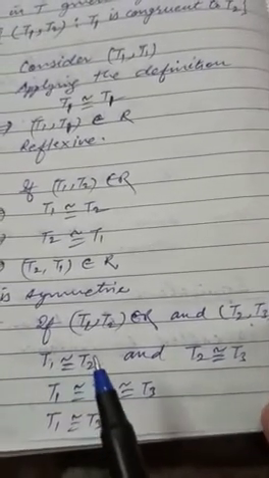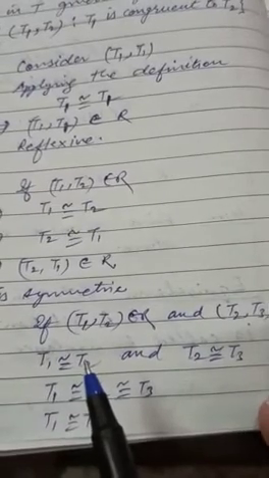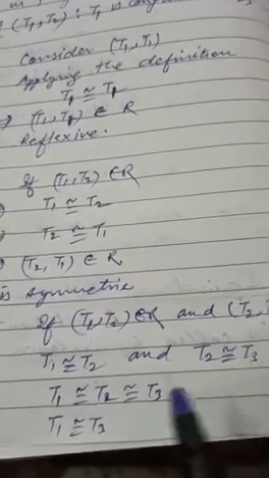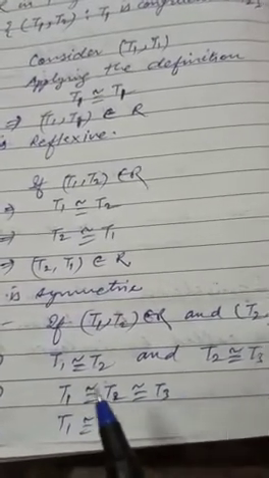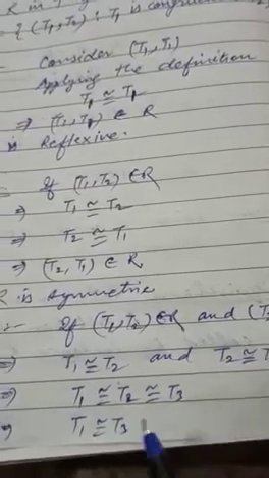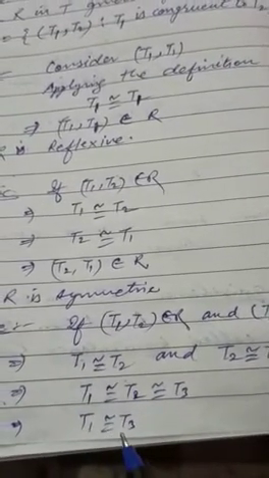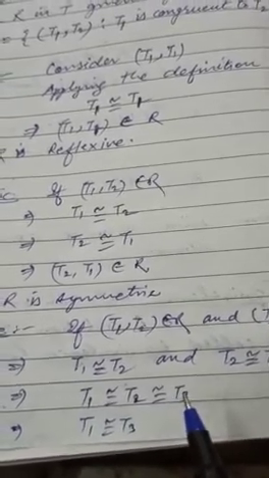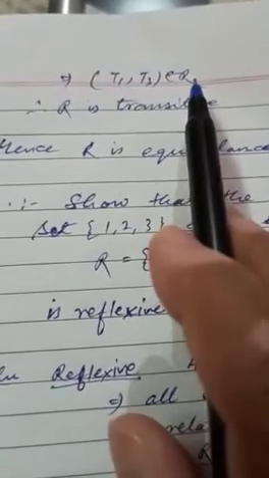So all the three triangles are congruent. T1 congruent to T2 congruent to T3. It means T1 congruent to T3. This triangle is also congruent to this triangle. It means T1, T3 belongs to relation R.